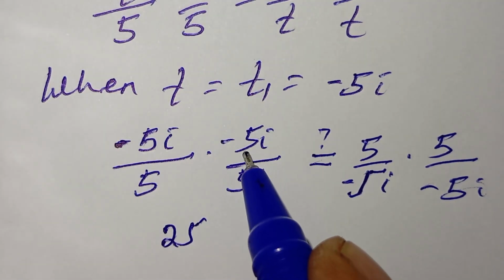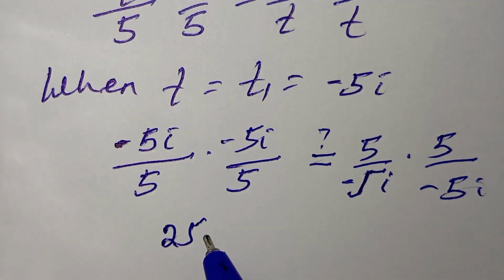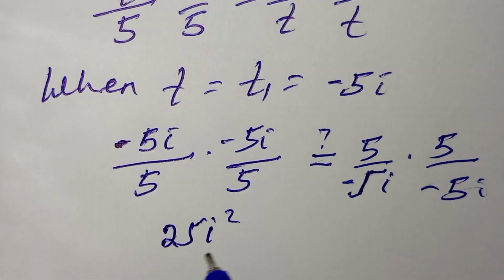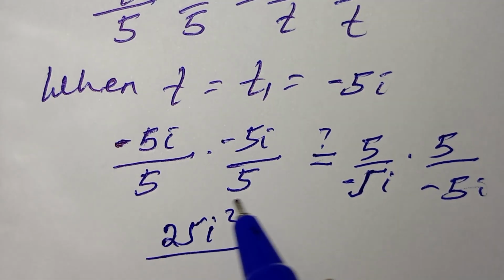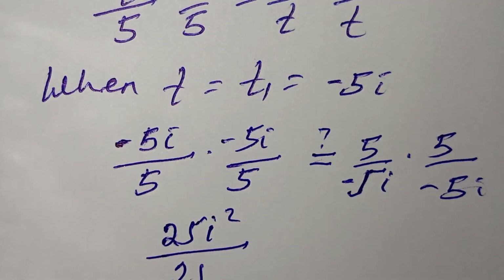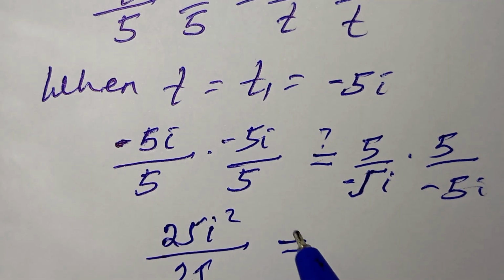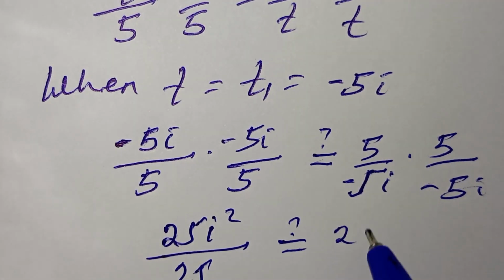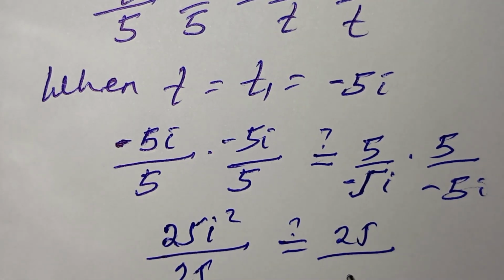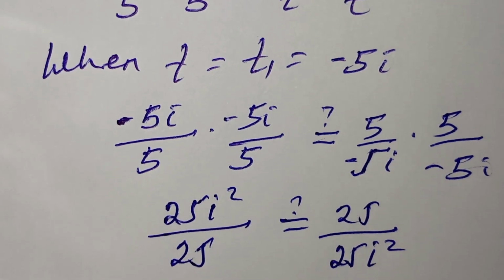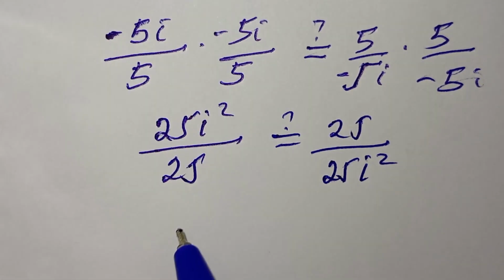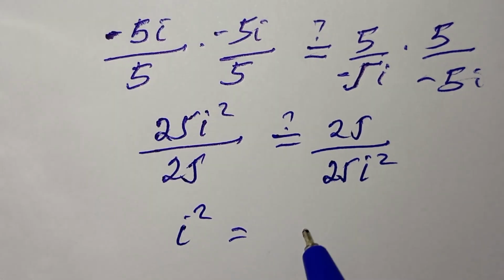Minus 5 times minus 5 is 25 i squared over 5 times 5, 25, is it equal to 25 over 25 i squared, and this is the same as i squared is equal to 1 over i squared.